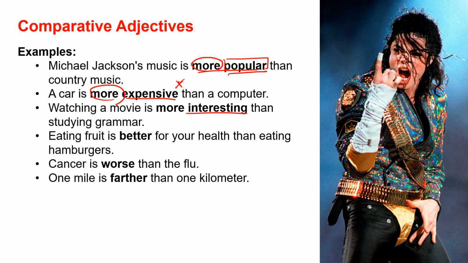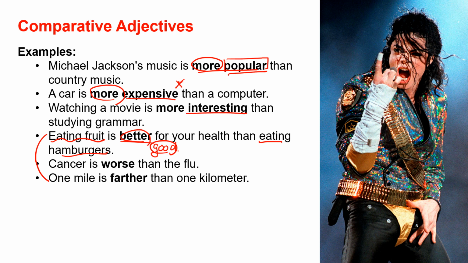And then we have exceptions. Eating fruit is better. So better is the comparative for good. Good, better for your health than eating hamburgers. Eating fruit, eating hamburgers. Better, good, good, better.